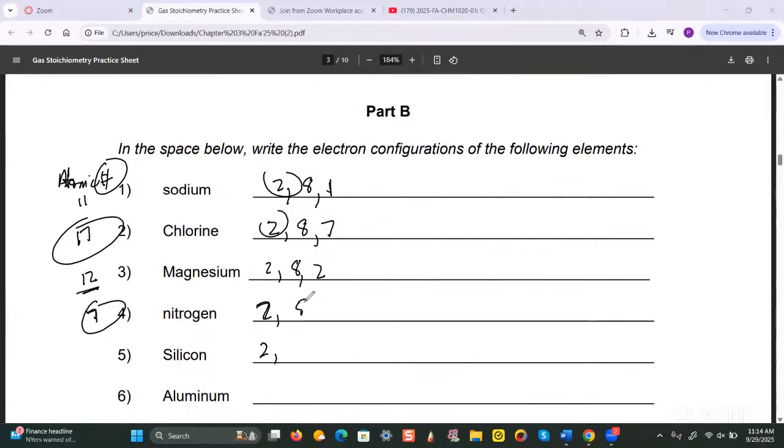How many will go into the second shell? No. Remember, the maximum number in the second shell is 8, right? So what does that mean for the third shell? 6. What's the atomic number of silicon? Silicon is 14, right? So how many electrons are you going to end up with here? 4. Exactly.